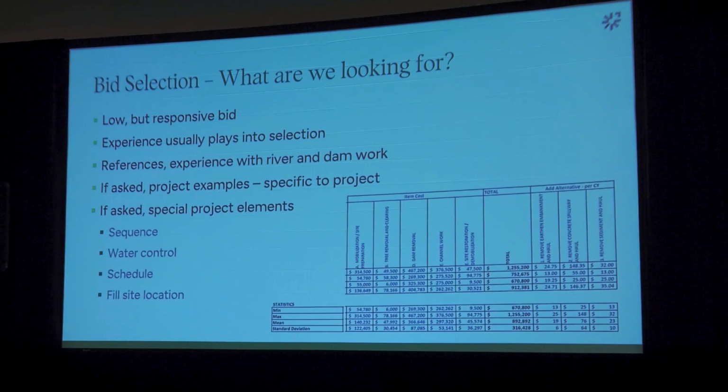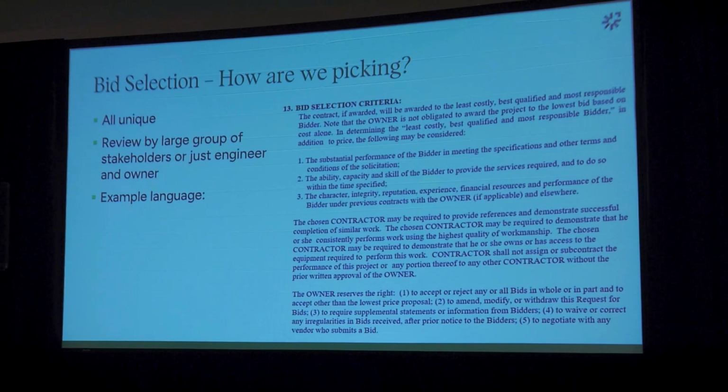So on the next slide, we have some example language here. This isn't actually one of our bids, but someone else's, but I really liked this. These items 1, 2, and 3 detail some of the other selection criteria that will be looked at in addition to price. When we're looking at the bids, it's sometimes just us and maybe our client, or sometimes it's a bigger team of stakeholders and funders weighing in and potentially grading bids as well.